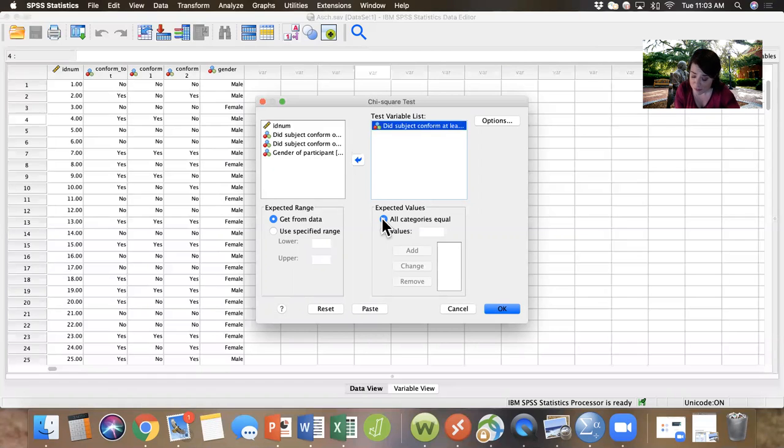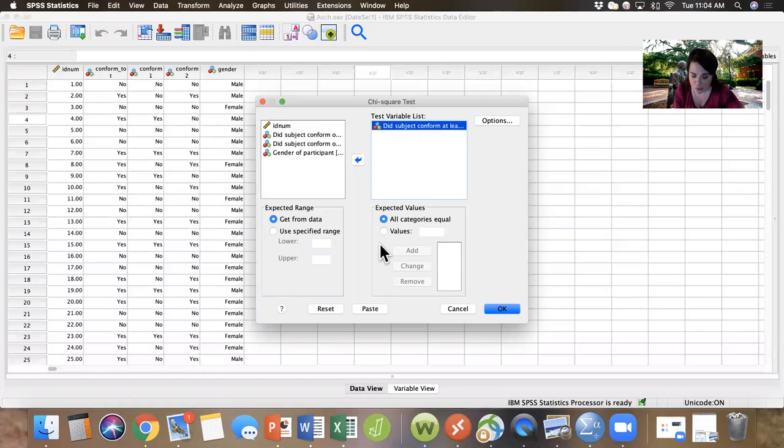So in that study, the values were that 75% of participants did conform, or 75% of participants were scored with a yes, and 25% were scored with a no, if we look at the original data.